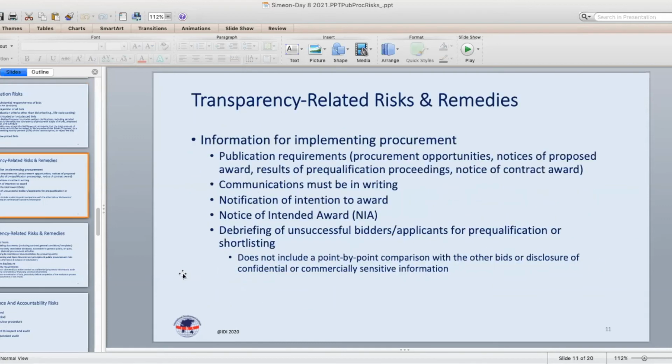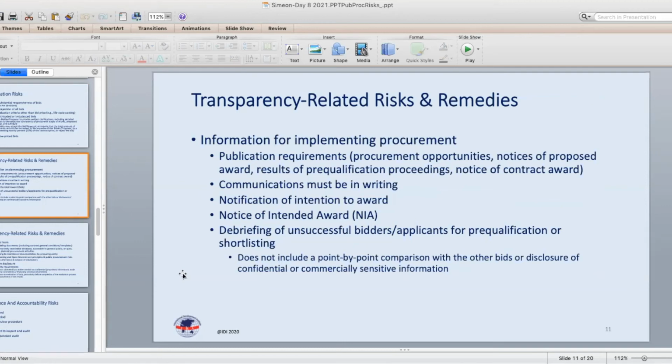Then there are transparency-related risks and remedies. Let's see, what do we have here? Publication, yeah, the transparency-related risks. There are various publication requirements and various notices that have to be issued pursuant to the standard procurement documents of the World Bank, for example, results of pre-qualification proceedings, notices of contract award.